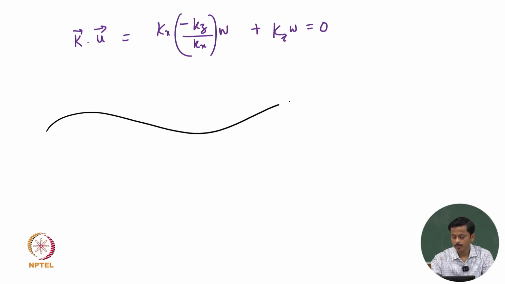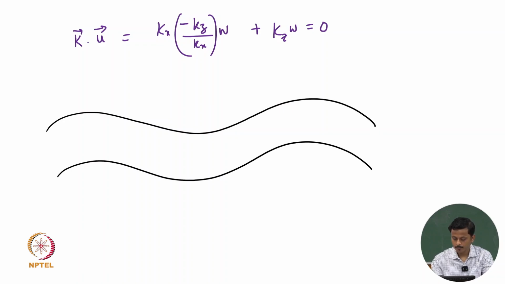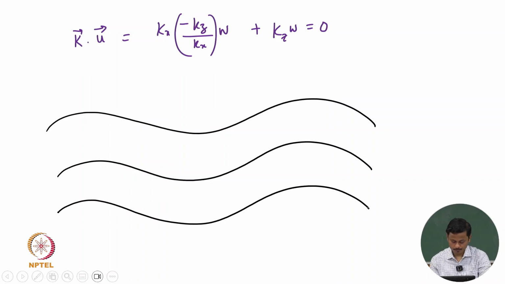Drawing some schematics for better understanding. These are some waves, and this is a line of constant phase, let's say connecting all the troughs.